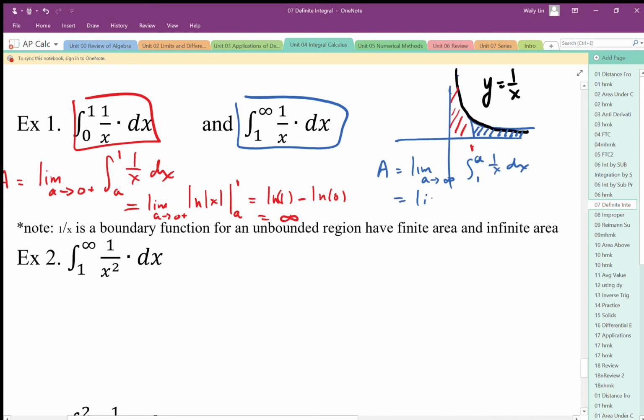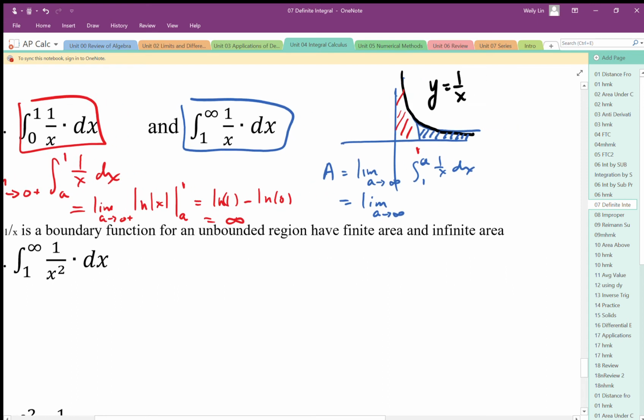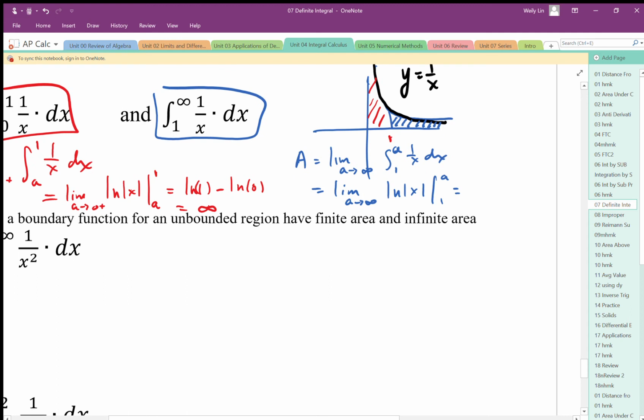Okay, and then I will anti-differentiate that. We get log x from 1 to a. So this works out to be log infinity, which is infinity, minus log 1, which is 0. So we end up with an infinite area.